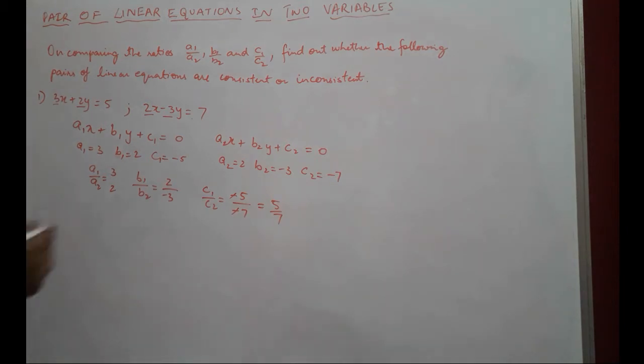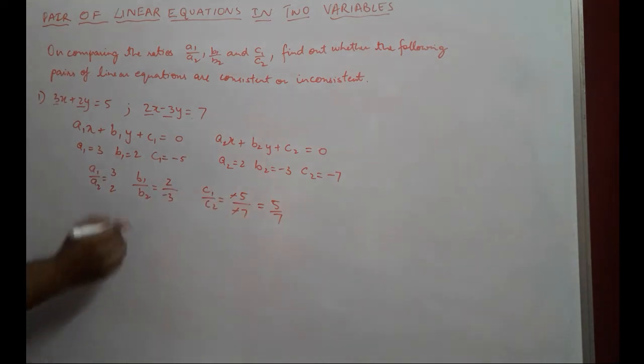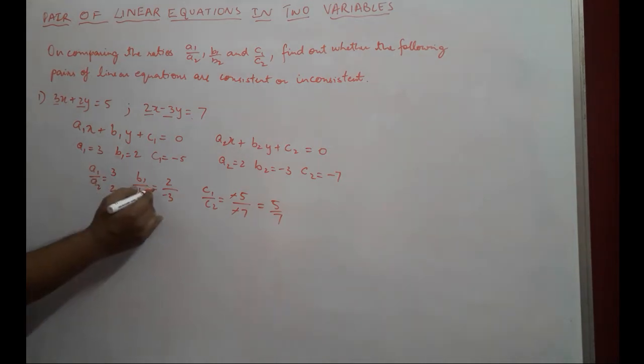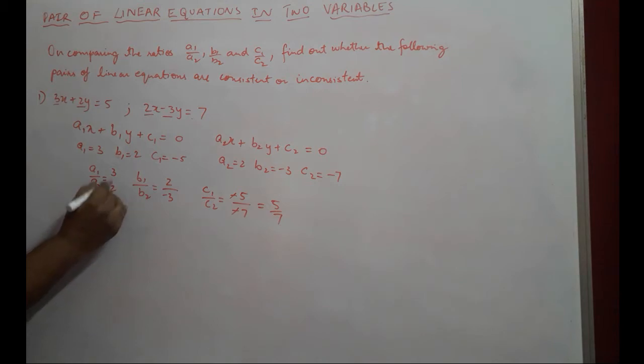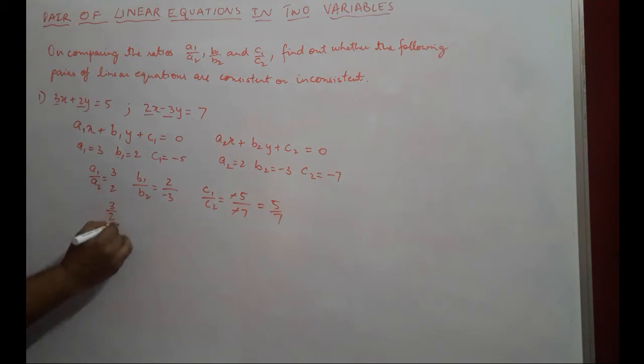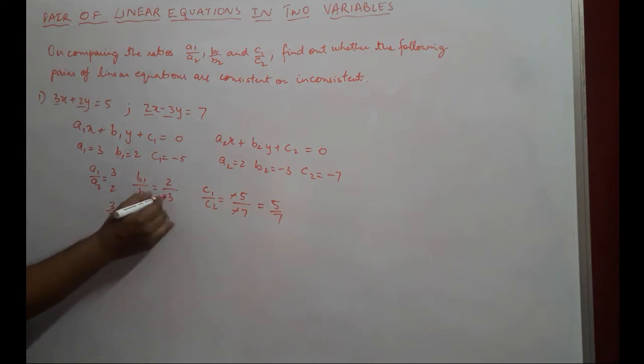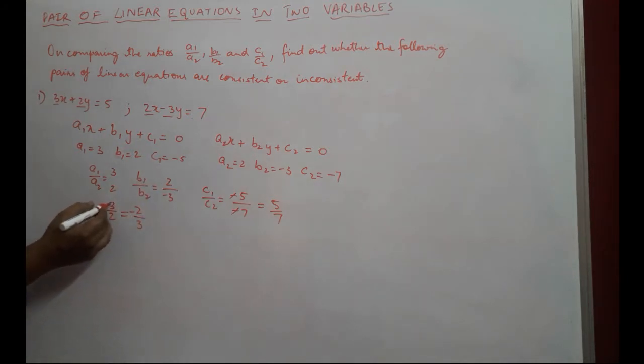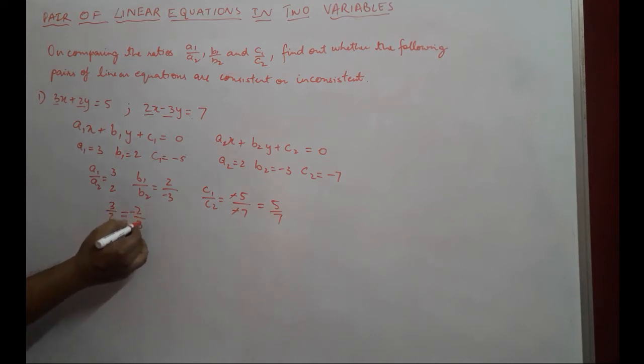Now that we have got this into ratios, always first compare a1 upon a2 to b1 upon b2. So let us see. a1 upon a2 is 3 upon 2. Is it equal to minus 2 upon 3? I'll take the negative sign on top because we should not keep a negative sign in the denominator, we should always take it to the numerator. So if you see over here, this is a1 upon a2 and this is b1 upon b2.